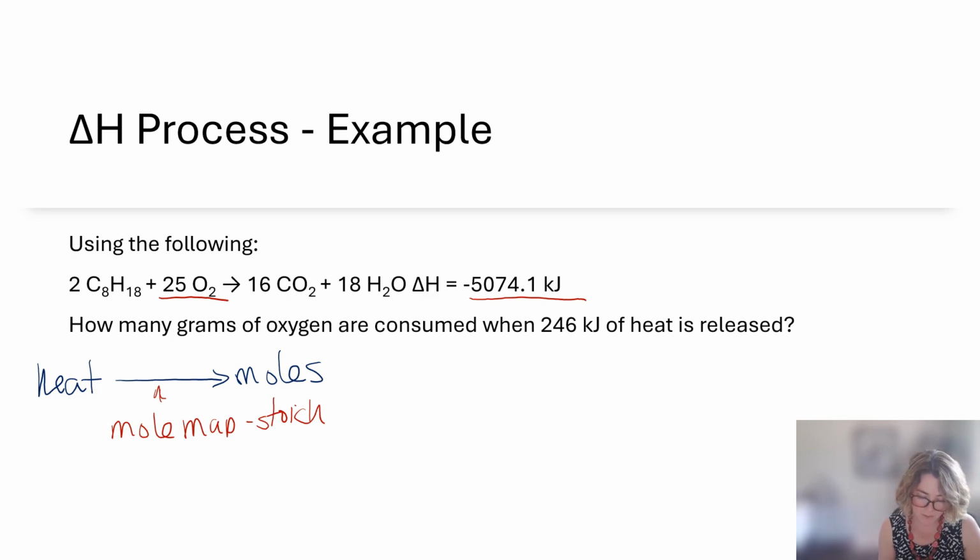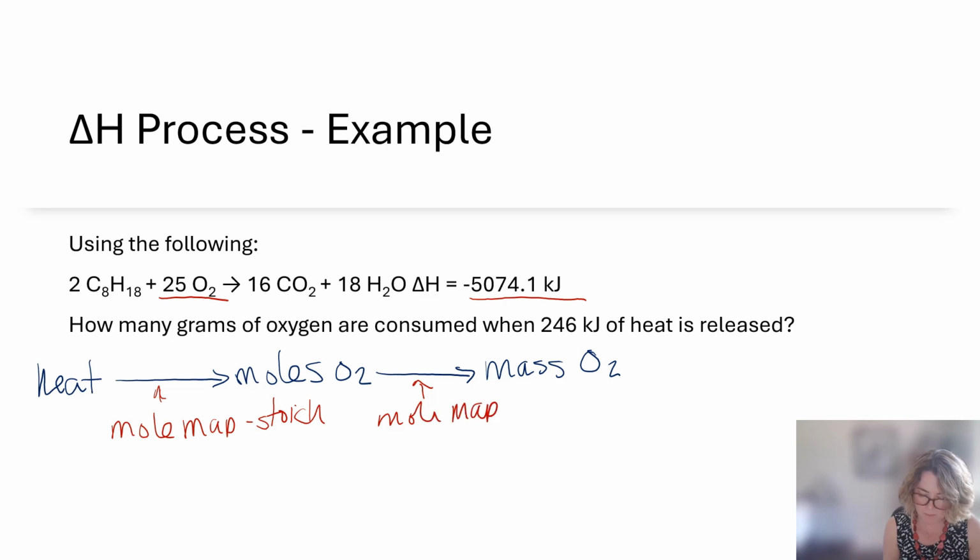Once I have my moles of oxygen, I can then go to mass of oxygen. And again, this also comes from the mole map, right? And I'm going to be using my molar mass to allow myself to go from moles of oxygen to mass of oxygen. Let's go ahead and write this all out.